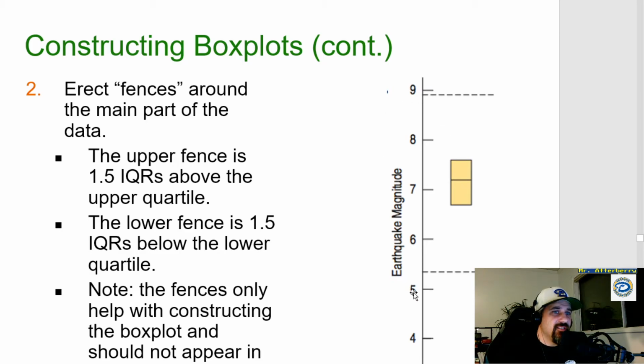And that gives you these fences. One more time: find your IQR, which is your third quartile minus your first quartile. Multiply it by 1.5, then add it to the third quartile, subtract it from the first quartile, and that gives you what's called fences. Fences tell you what's the weird stuff, like what's your outliers.